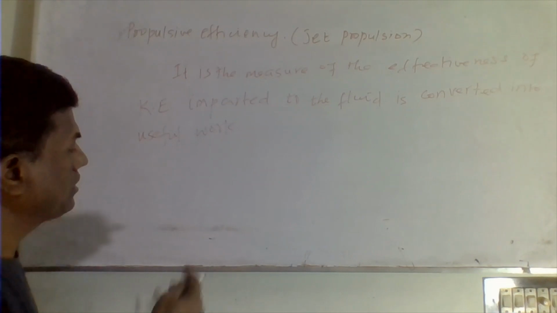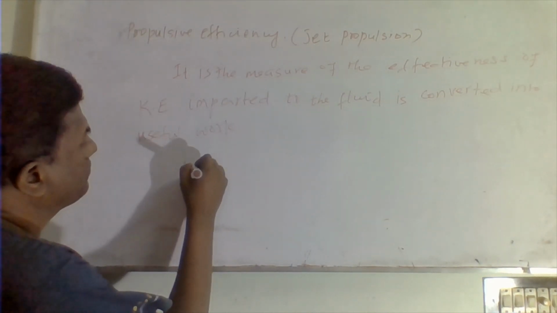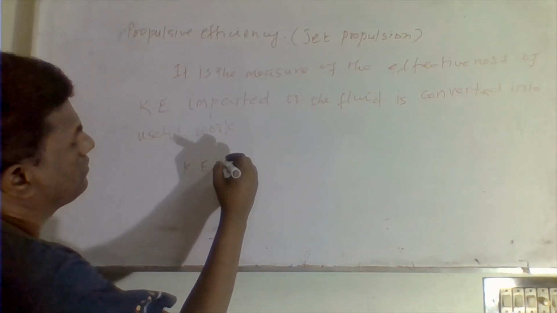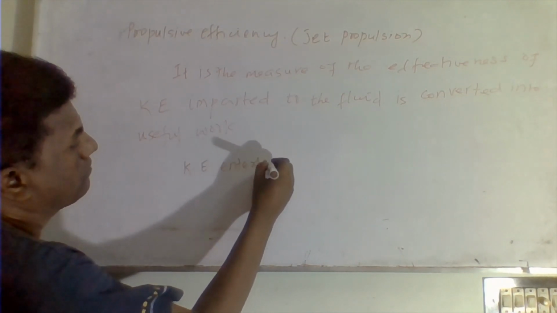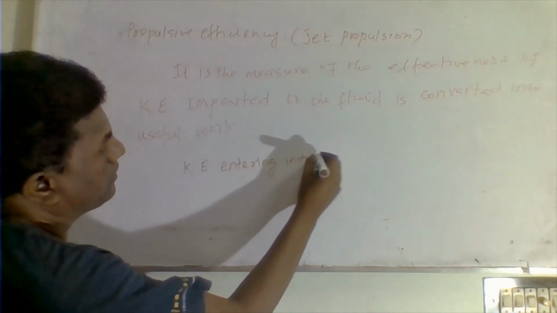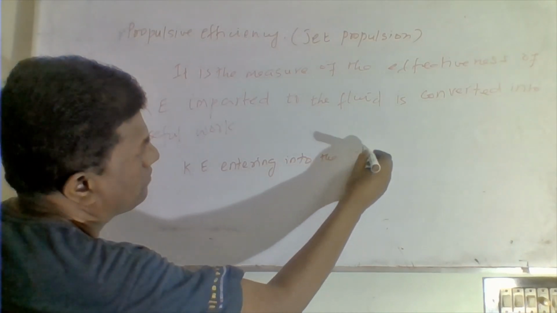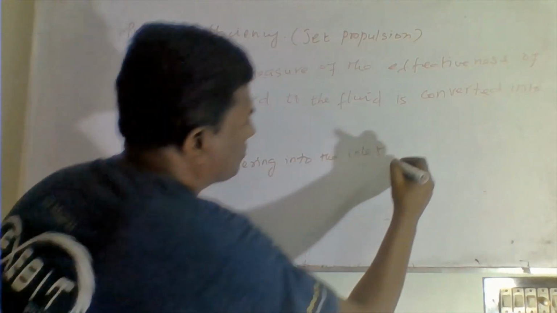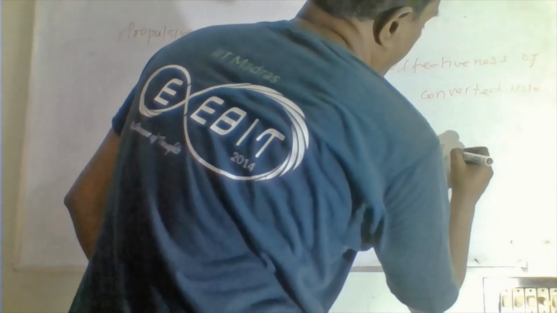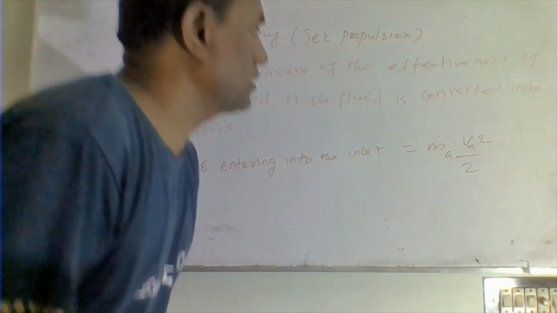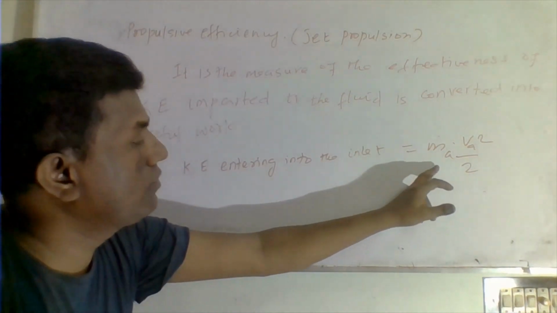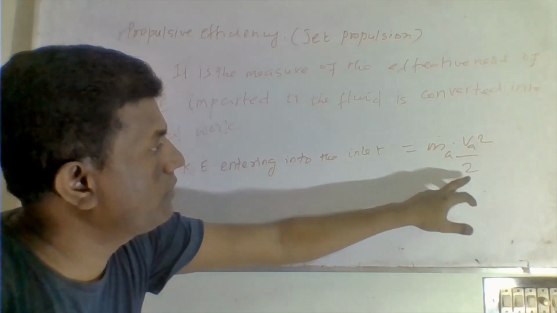So we will see the kinetic energy entering into the inlet. That is nothing but mass flow rate of air times Va squared, that is what we define as kinetic energy. So m dot a into Va squared by 2.